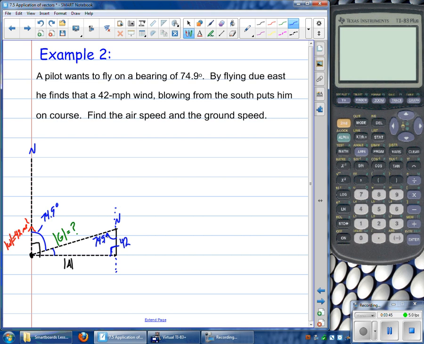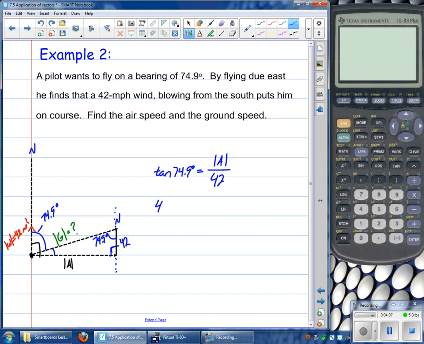So from our 74.9 degree angle, if I want to find airspeed, that would be opposite over adjacent, the 42 side. Opposite and adjacent sounds a lot like tangent. So tangent of 74.9 should be equal to the magnitude of airspeed over 42.